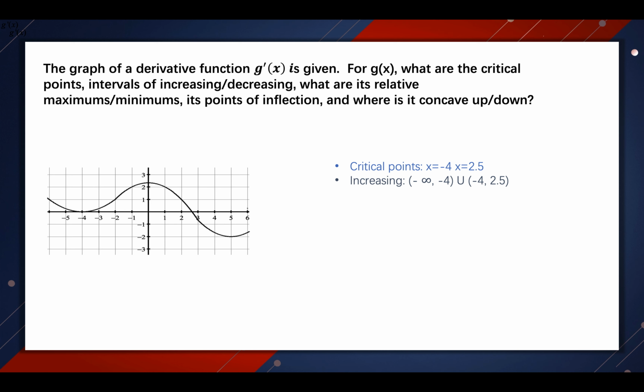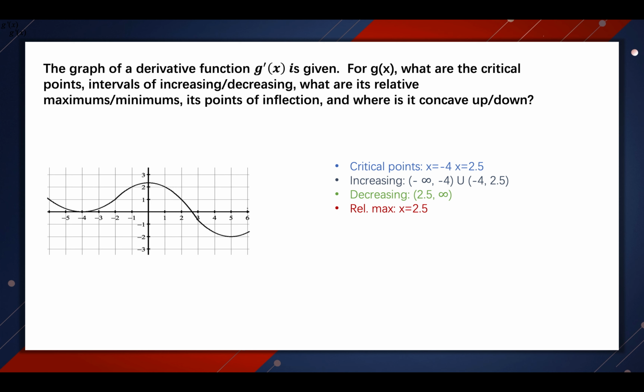So it is x equals negative infinity to x equals negative 4 and x equals negative 4 to x equals 2.5. When g of x is decreasing, it is when the graph of g prime of x is below the x-axis. So it is when x equals 2.5 to x equals positive infinity.